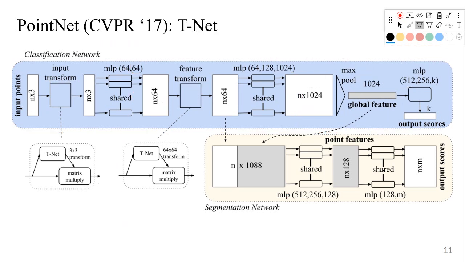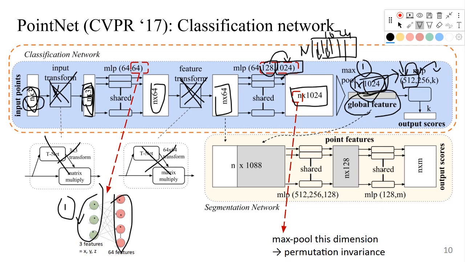K is the number of, oh, I think I should put something here. Oh, I think I haven't put it, but anyway, the k here is the number of categories, the number of classes of the shape. For example, we have the human, we have the plant, we have the car, we have the table, we have the chair. Those are all the categories.